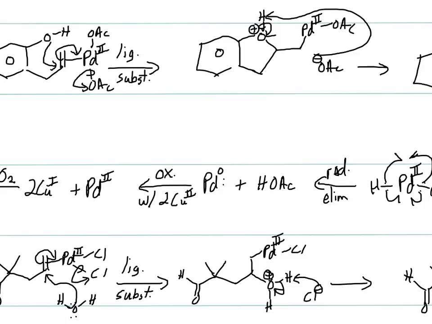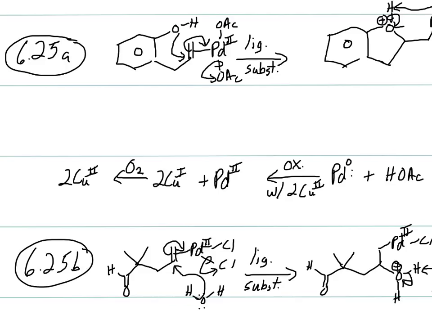So they take 2 of those electrons, make 2 copper 1s, and then make palladium 2. So these 2 electrons are gone now. The coppers took them because they went from 2 to 1. But then how do we regenerate the copper? We add in O2, which can turn copper 1 into copper 2. It makes water, so we actually use oxygen to turn the co-catalyst over. And now we're back to palladium 2, which can go back to the start materials.